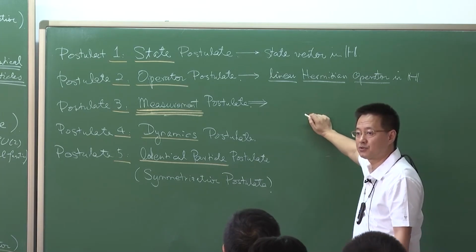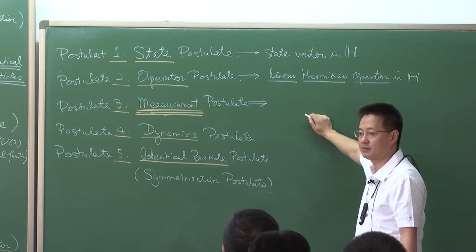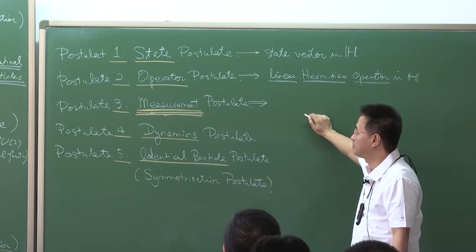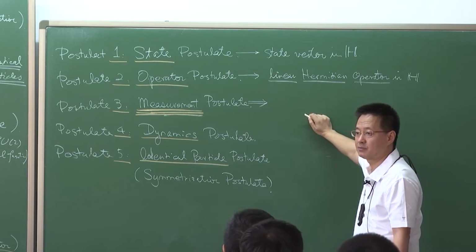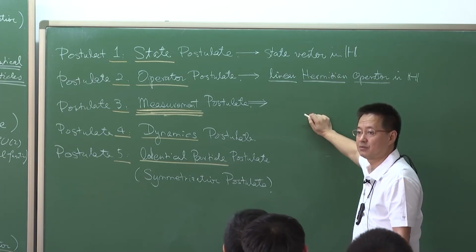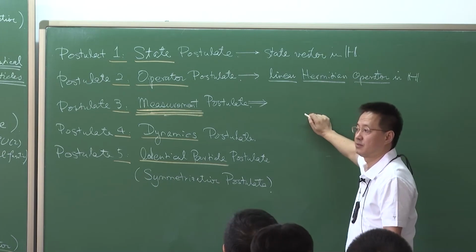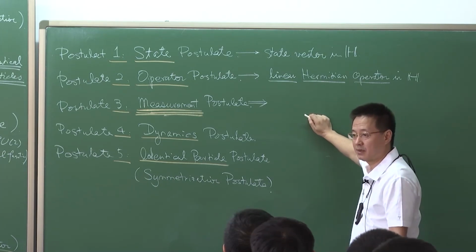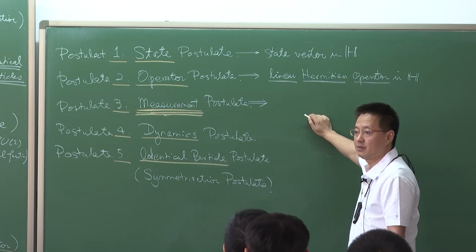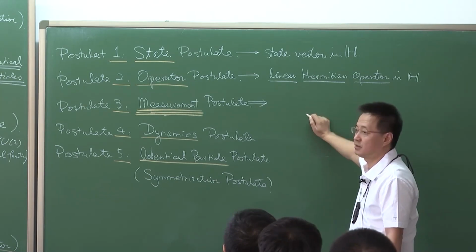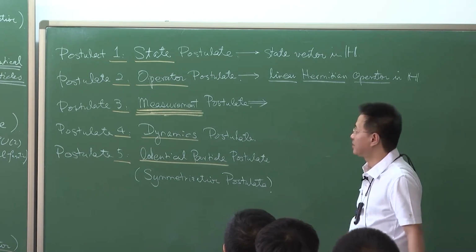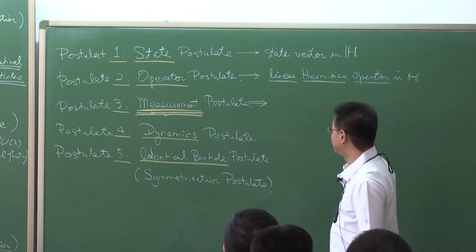But the mainstream in quantum mechanics today is that people believe the Copenhagen interpretation of the measurement postulate is acceptable. So though it is complicated, we just accept this interpretation, and the measurement postulate will be discussed later in detail.